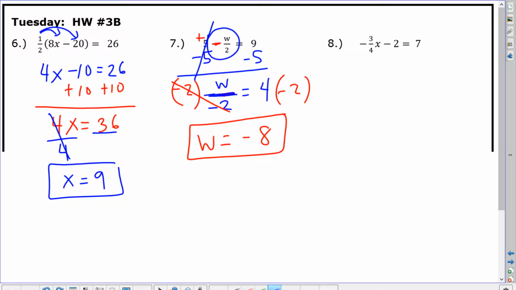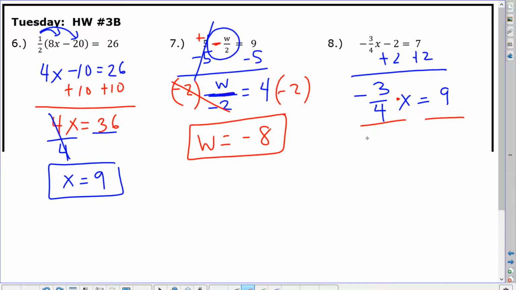Okay, let's take a look at the next one. No parentheses, so I clear the constant, and I rewrite. Now for here, the inverse of multiplying would be dividing. But when you divide by a fraction, you're really multiplying by the reciprocal.